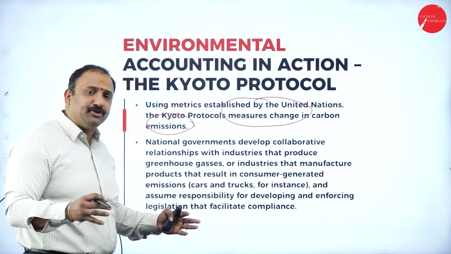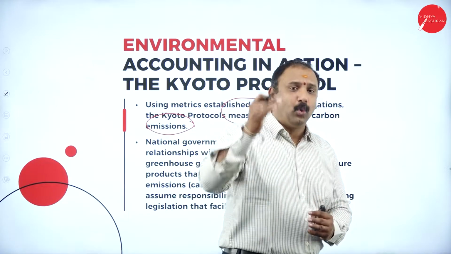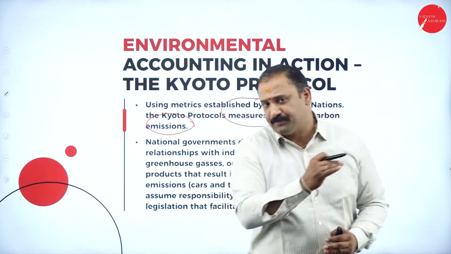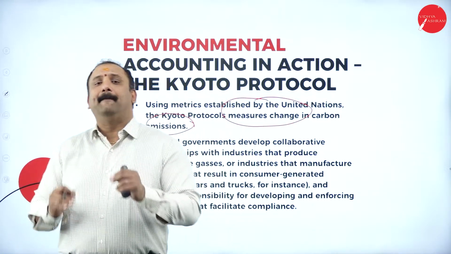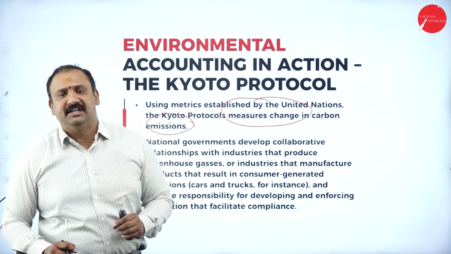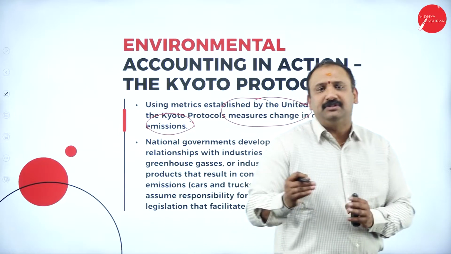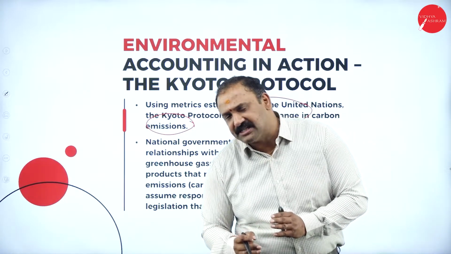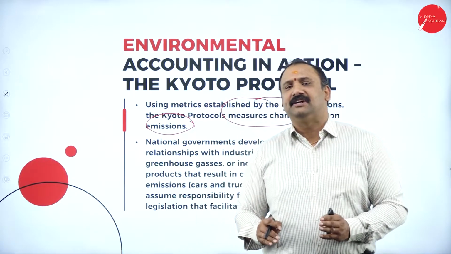So what we need to do is enforce, bring in a system through which we can reduce the carbon footprint on this planet Earth and make this earth even more a better place to live in. So what we wanted from this organization is to bring in a systematic plan through which we can reduce the emission of greenhouse gases, reduce the carbon footprint and make this earth even more livable.